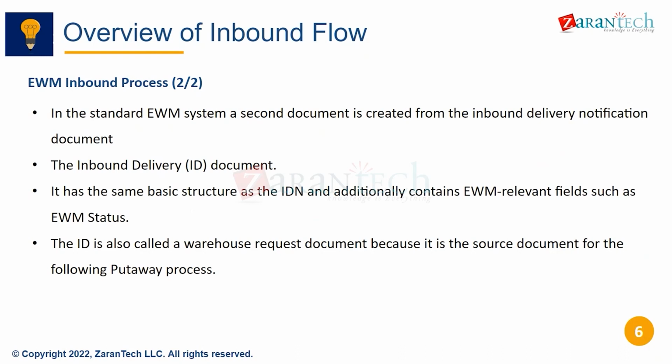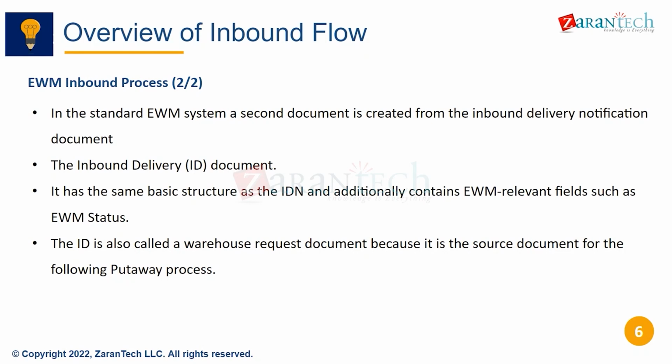The statuses and everything will be sent back to the ERP based on these documents. For the inbound delivery notification, there is nothing to be done; it is just the replication of the inbound delivery coming from the ECC system.